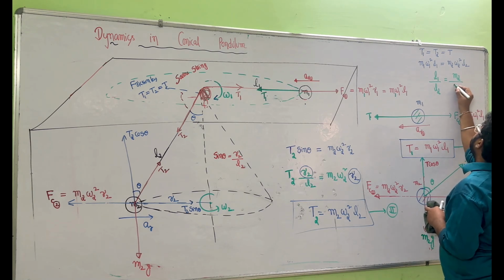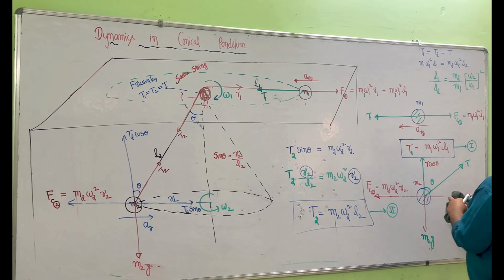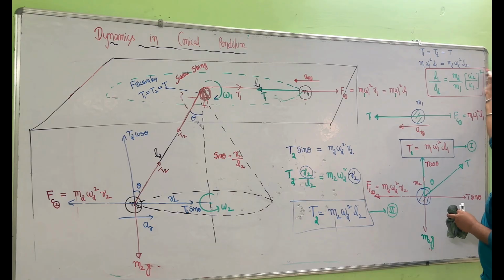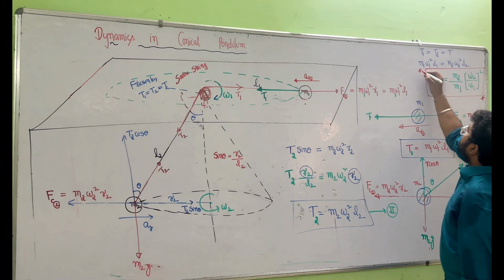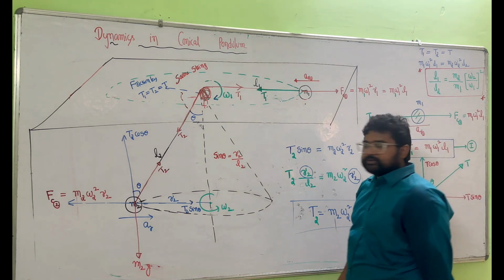M2 by M1 into how much? Omega 2 by omega 1 whole square. This is the final answer to this question, the final expression in terms of length. L1 by L2 equal to M2 by M1 into omega 2 by omega 1 whole square.